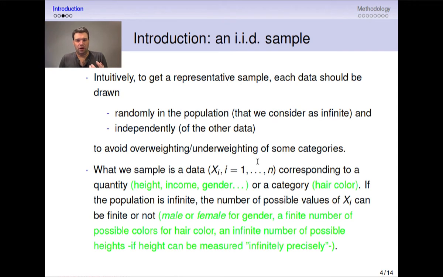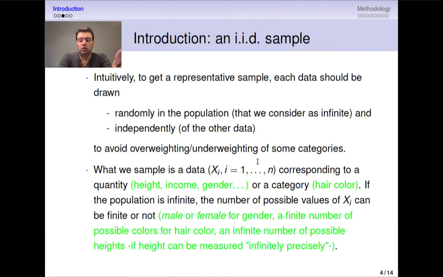We look at the individual that we picked up, and we measure their height. This is a digit, 1 meter 75 centimeters. That corresponds to a value, and we have a lot of values. In this case, we can consider that height is a continuous random variable, and we have an infinite number of possible values for the height of an individual.